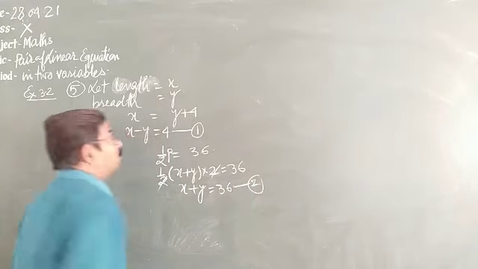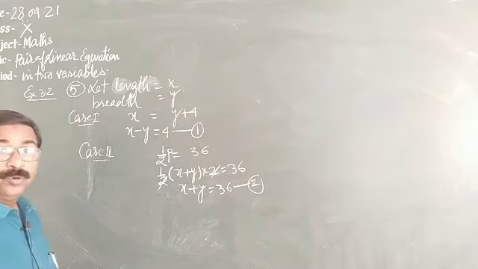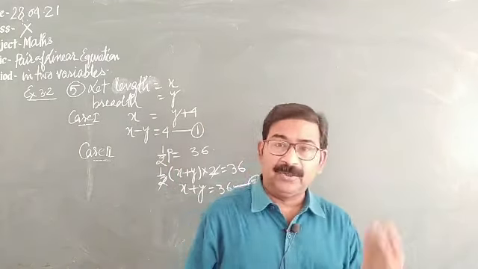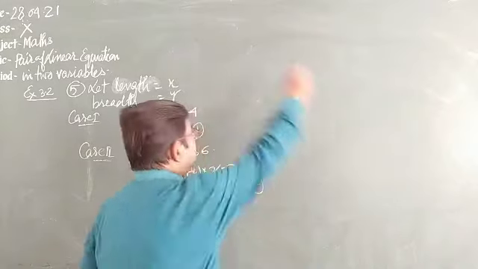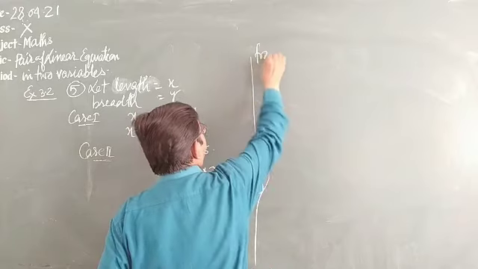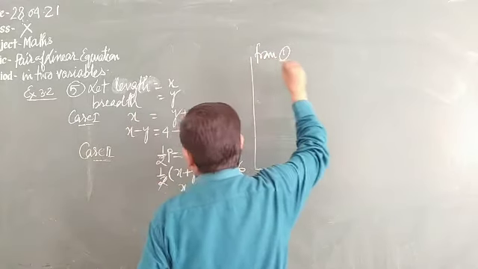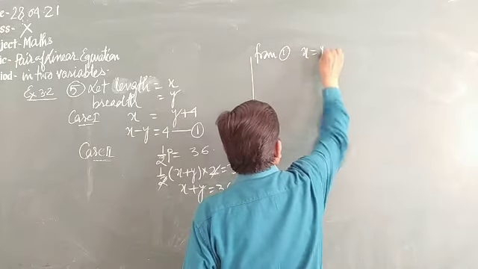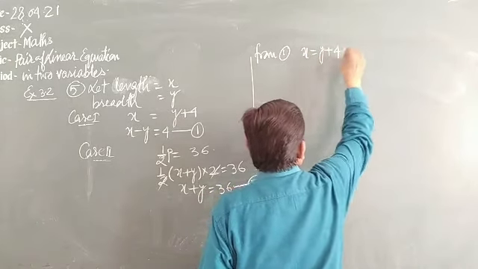Equation number 2. So we are going to find the points of the equation and you will plot the graph yourself. From equation 1 we can write x is equal to y plus 4.